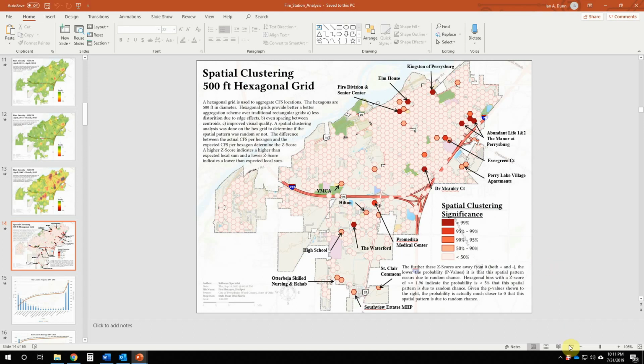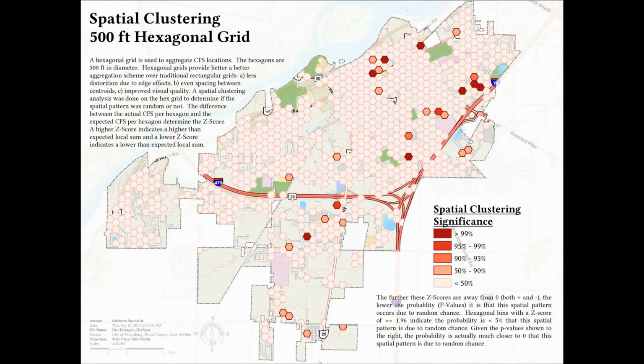Anyway, we're back now. So we used hexagons to aggregate the data. Basically, we created a grid of hexagons across this map and then counted up how many points fell in each hexagon, and that hexagon got a numerical value of how many points fell in it.